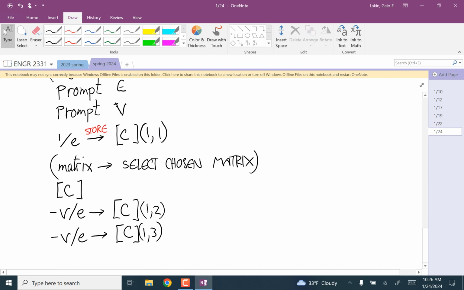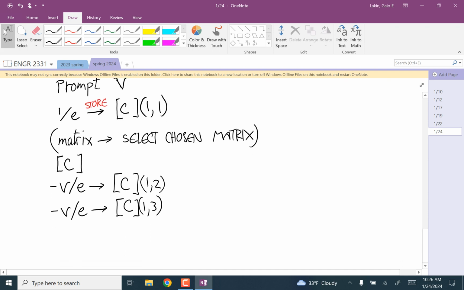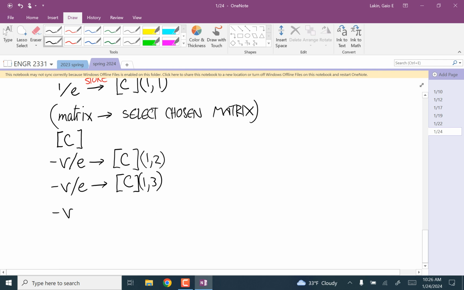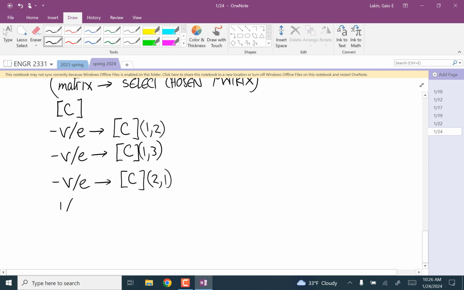So that's the first row. Everything else is already zeros, so we can just leave that. And now the second row, negative V over E, put it in C2,1. 1 over E, put it in C2,2.